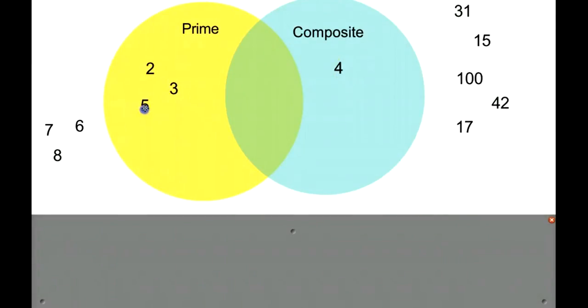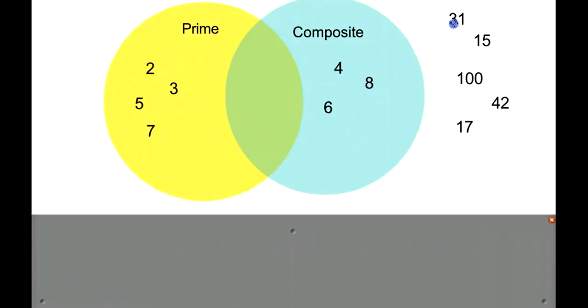5, the only two numbers that I can multiply together to get 5 are 1 and 5, so it is prime. 7 is the same. 1 times 7 are the only two numbers that I can multiply to get 7. 6, I have 1 times 6, and I also have 2 times 3. So I have more than just one set of numbers that multiply to get 6. 1 times 8 and also 4 times 2 will get me to 8.